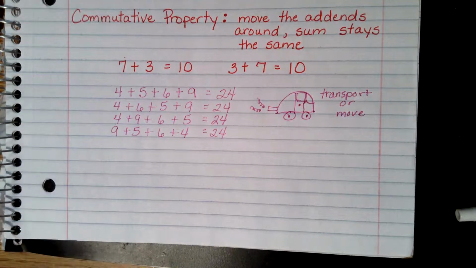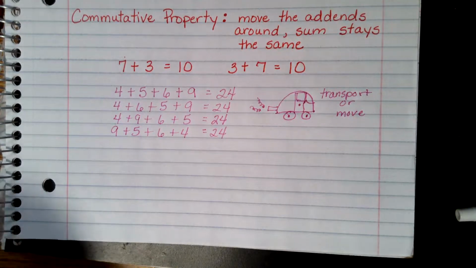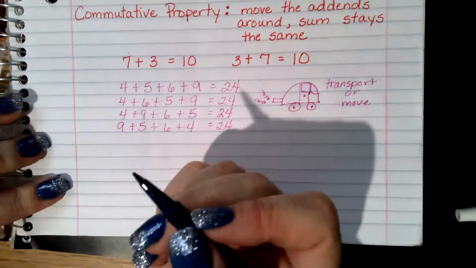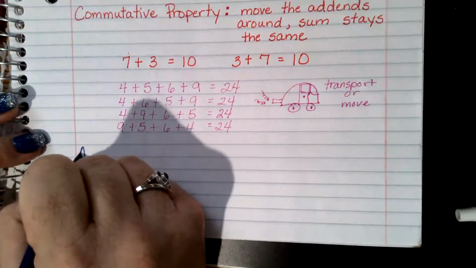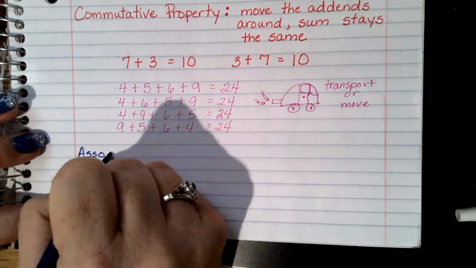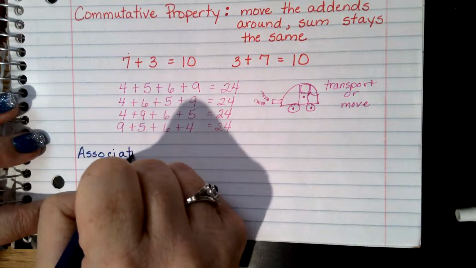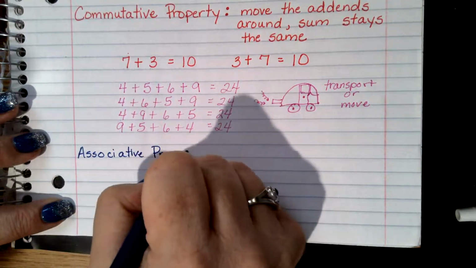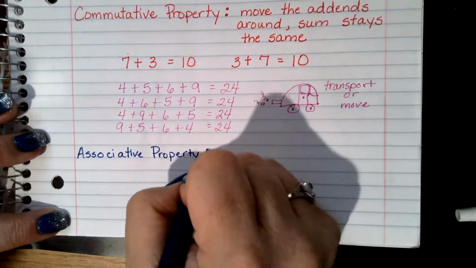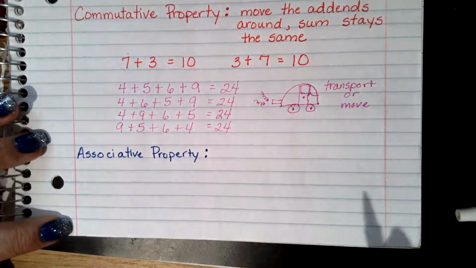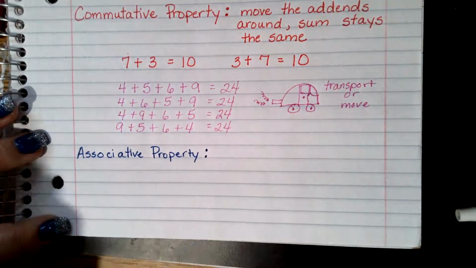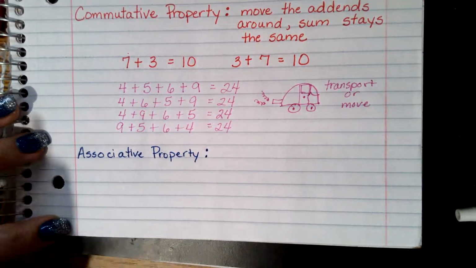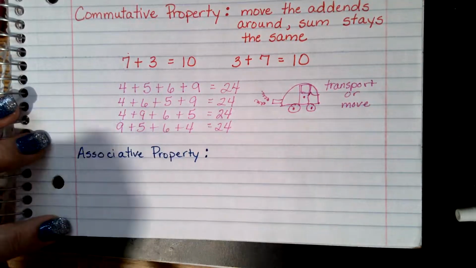All right. Next is the associative property of addition. The associative property of addition. This is the same also in multiplication. You can put the addends with whichever addend they want, and it stays the same.